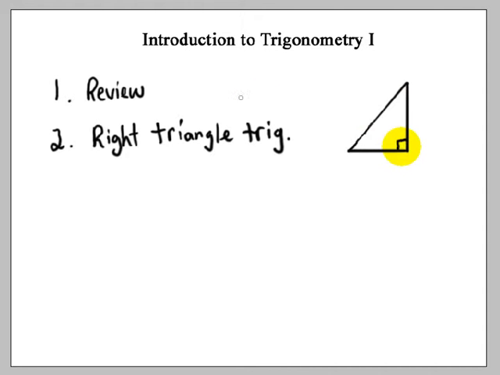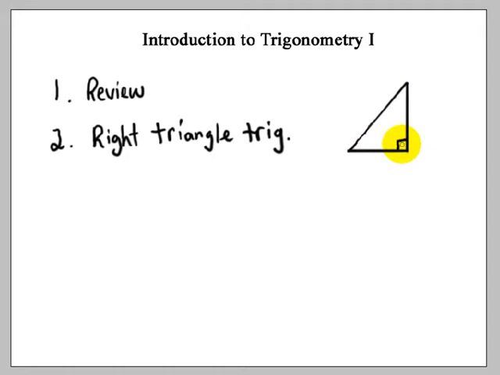So this kind of triangle here, where we have one of the angles being 90 degrees, in other words a right triangle, this is really the main type of object that we're going to be studying in this course. And we want to get good at solving problems involving the angles of this triangle and the sides of it. Of course, this triangle here has 3 sides and 3 angles.